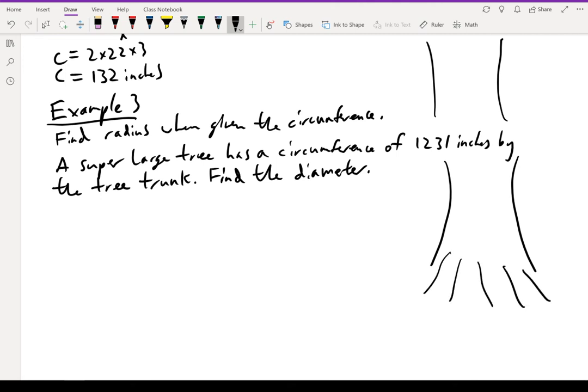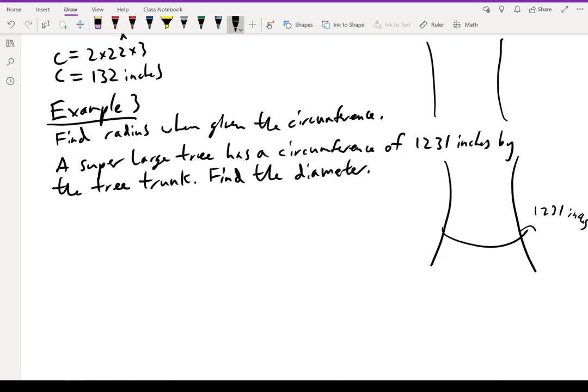That doesn't really look like a tree, but this circumference is 1,231 inches. Okay, that's not a very good drawing of a tree. I'm not that good at drawing, but let's go into our equation.